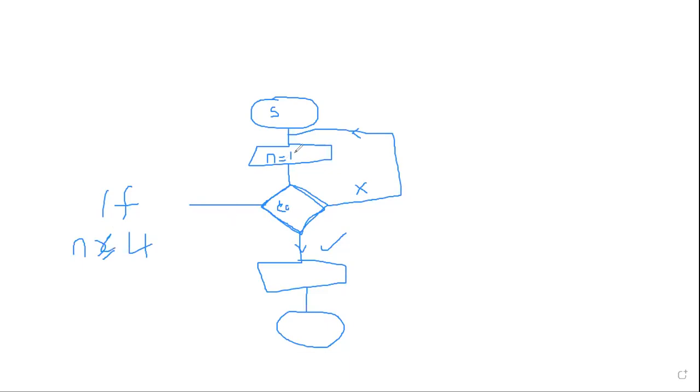So you start from n equals 1, you print it out, 2, you print it out, 3, you print it out, but once it reaches 4 and goes to 5, the condition can no longer be satisfied, because 5 is not less than or equal to 4. At that point, you terminate the loop. Wherever the condition is no longer satisfied is where you terminate the loop.